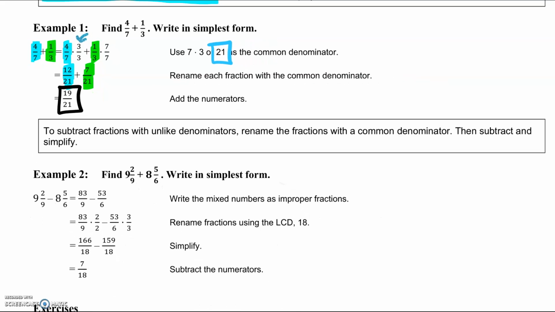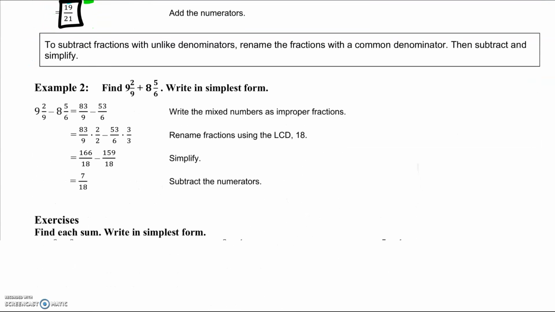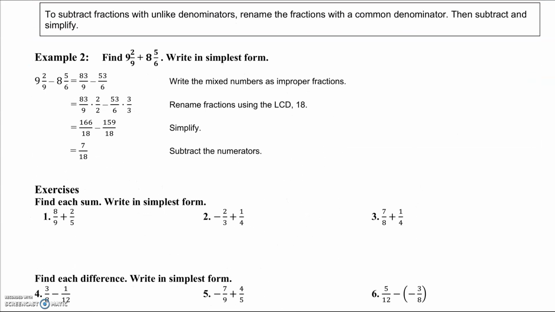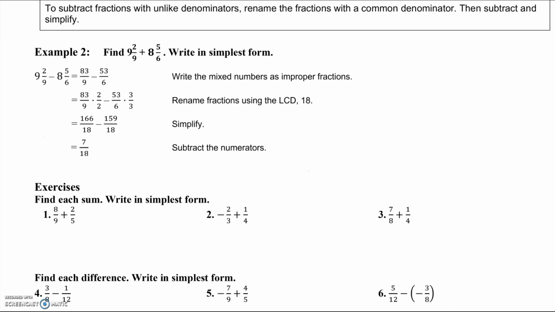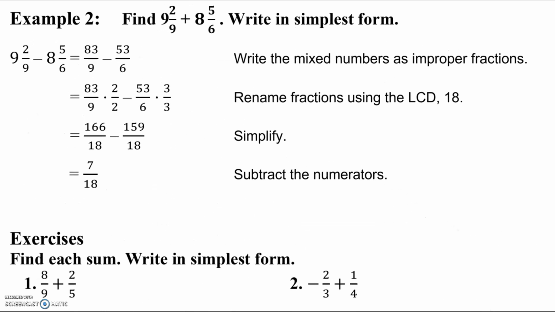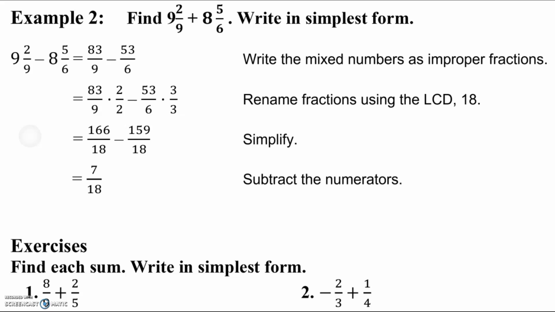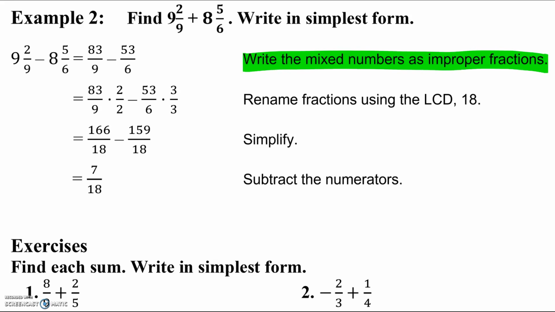All right, next example here. So to subtract fractions with unlike denominators, we need to rename the fractions with common denominators, then subtract and simplify. So in this example, you can see we have mixed numbers. So when we have mixed numbers, because we have a whole number and a fraction, the first step is we need to write the mixed numbers as improper fractions.